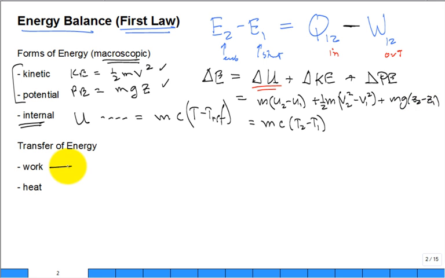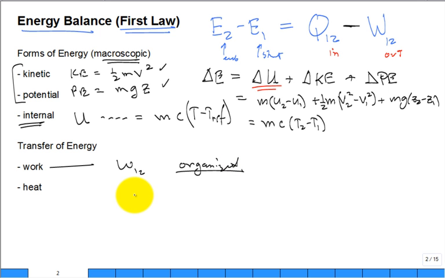What does this work mean? Well, this work 1 to 2 is a transfer of energy, and let me just say it's organized. Organized energy transfer. What do you mean organized? We'll talk more about it, but it's on a molecular level. If the shaft is rotating, all of the molecules in the shaft have the same rotation. They're going around the same axis, the same rotational speed.